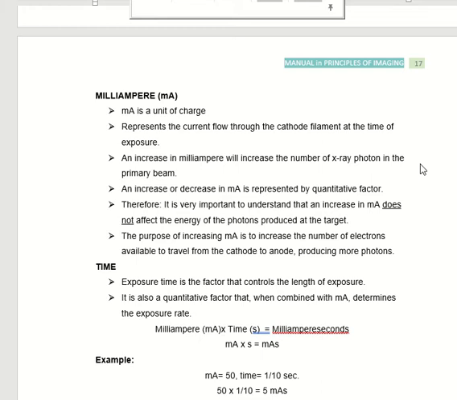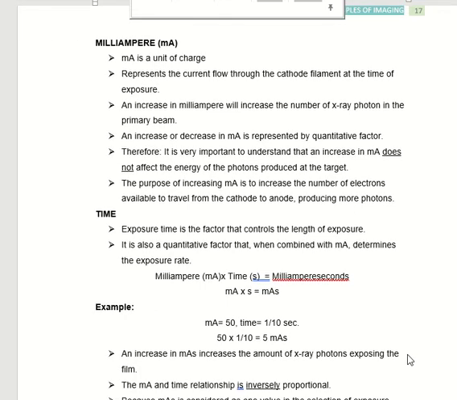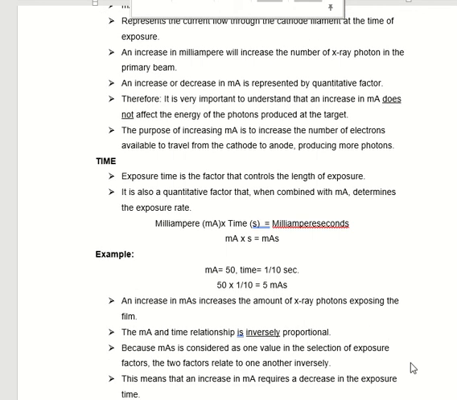So that will result in milliampere seconds, as you can see there in the notes. So for example, we select 50 mA, or 50 milliamperes, and the time is 1 over 10 seconds. So we multiply 50 times 1 divided by 10. So MAS is 5 milliampere seconds. So it is not milliampere per second. It is milliampere second. This is it.